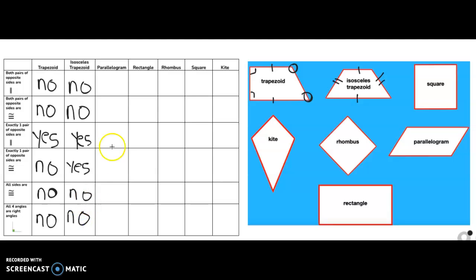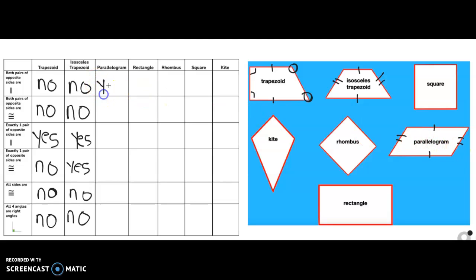Let's go ahead and practice with one more right here, the parallelogram. Both pairs of opposite sides are parallel. Well, I have this pair right here that are parallel to each other, and then I have this side along with this one right here that are parallel to each other. So that is correct. Both pairs, pair 1 and pair 2.